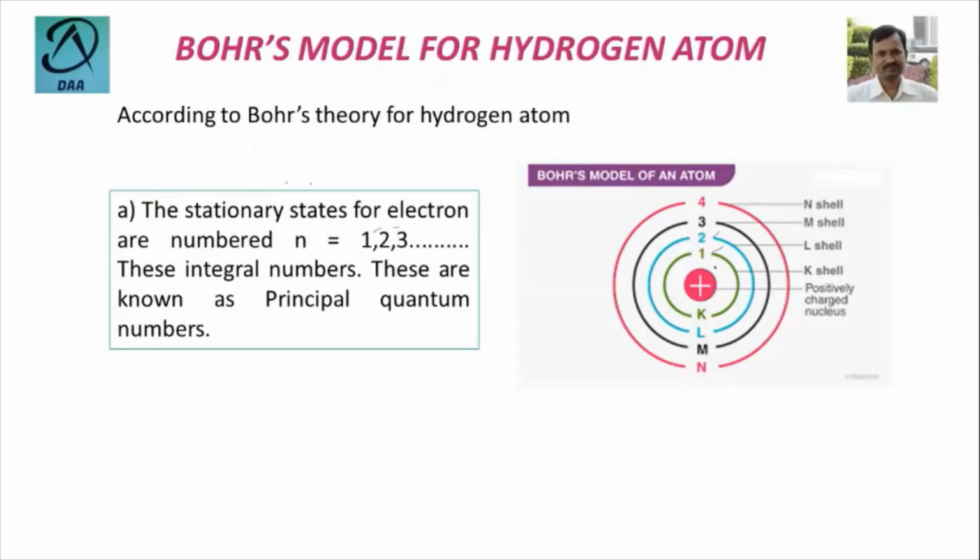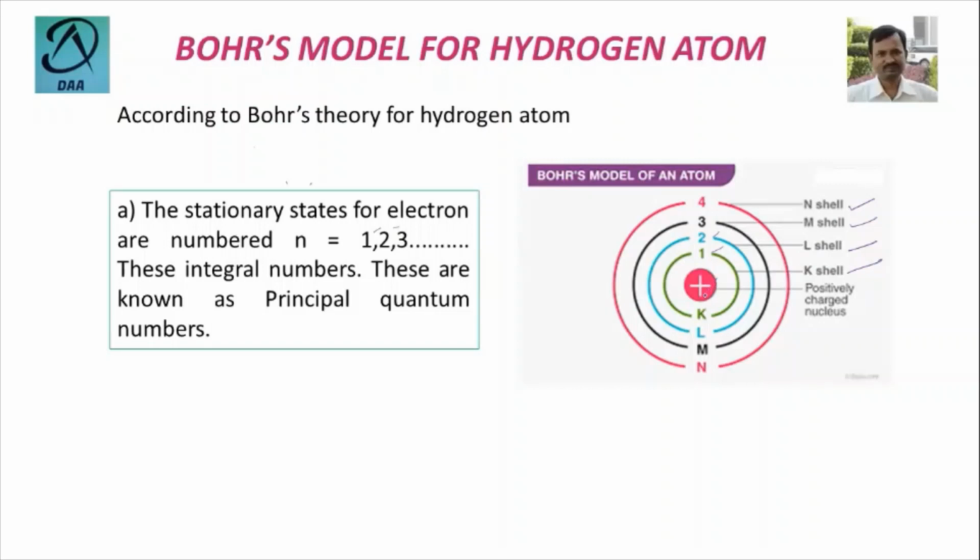When n is equal to 1, this is the K shell. When n is equal to 2, it is the L shell. When n is equal to 3, it is the M shell, and when n is equal to 4, it is the N shell. And in the center, the positive charge nucleus is there.